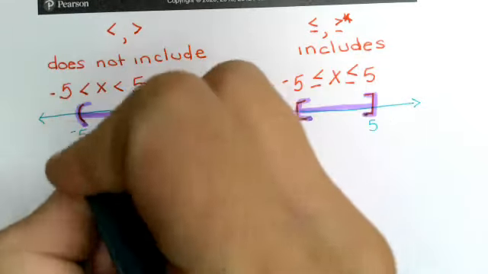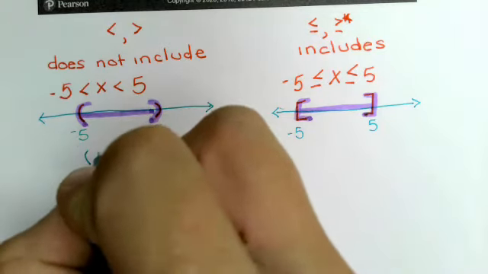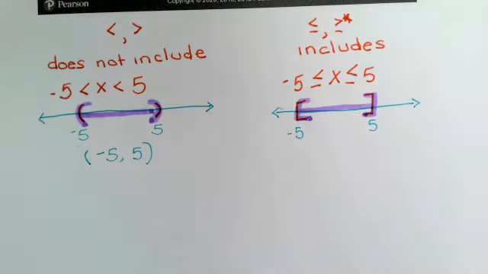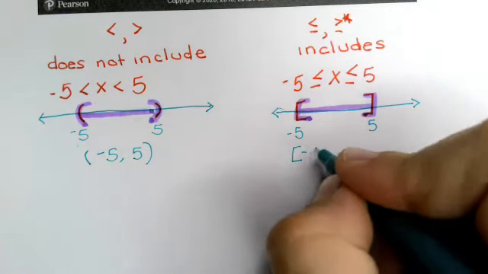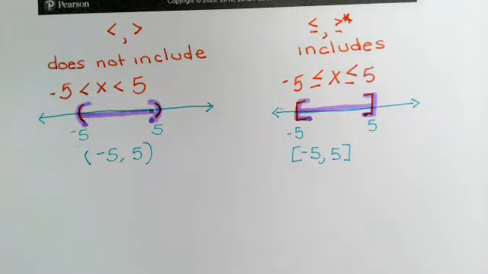Does not include, so x is greater than -5. So we put a regular parenthesis, -5, 5, close parenthesis. Does include, so we're going to use brackets instead of parentheses. Okay.